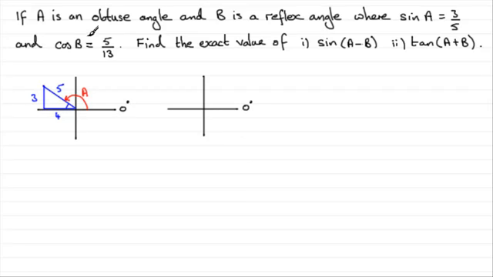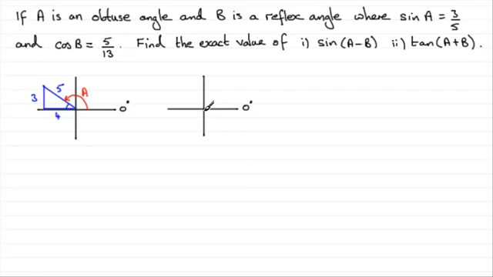Well, the clue is given by the value here, 5/13. It's a positive value. Can you remember from the quadrant rule, in the first quadrant all trig ratios are positive: sine is positive, tan is positive, and cosine is positive. So cosine is positive here, so it's in the fourth quadrant.